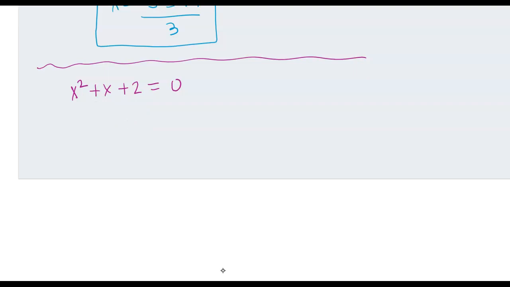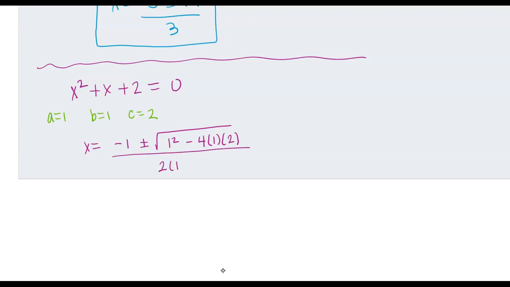All right, in this case, a is equal to 1, b is also equal to 1, and c is equal to 2. So x is going to be equal to negative b, plus or minus the square root of b squared minus 4 times a times c, all over 2 times a.